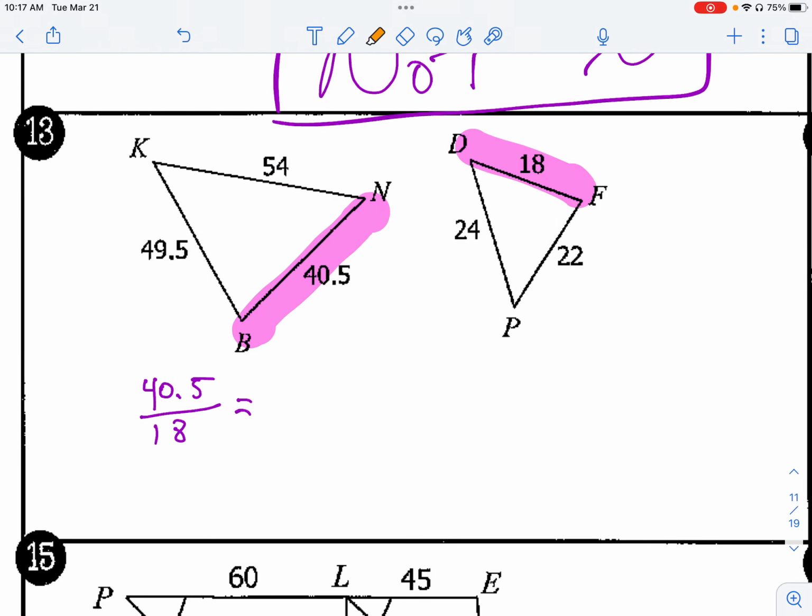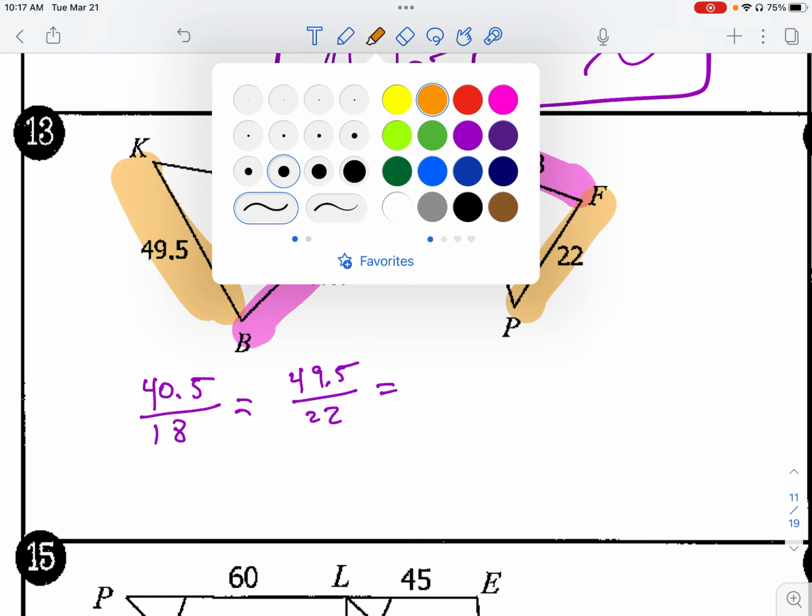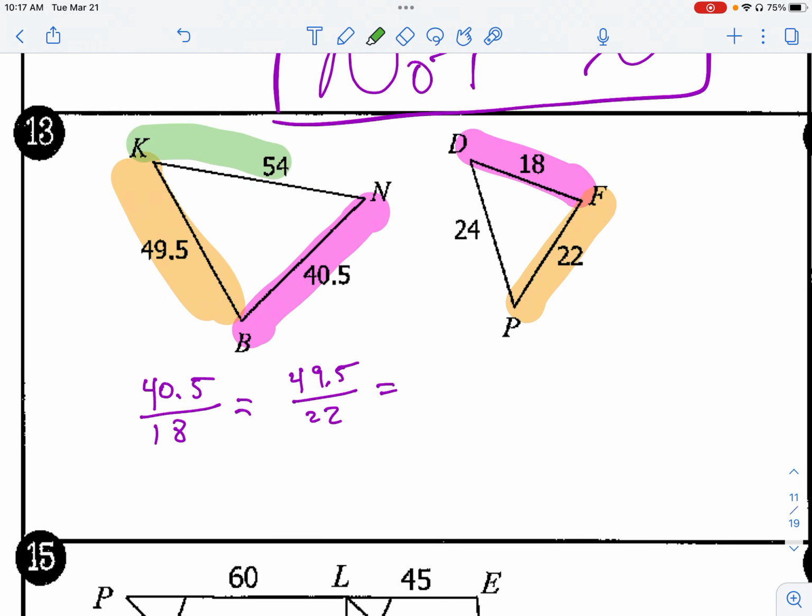And then middle is 49.5 over 22. And then big with big is going to be 54 over 24.